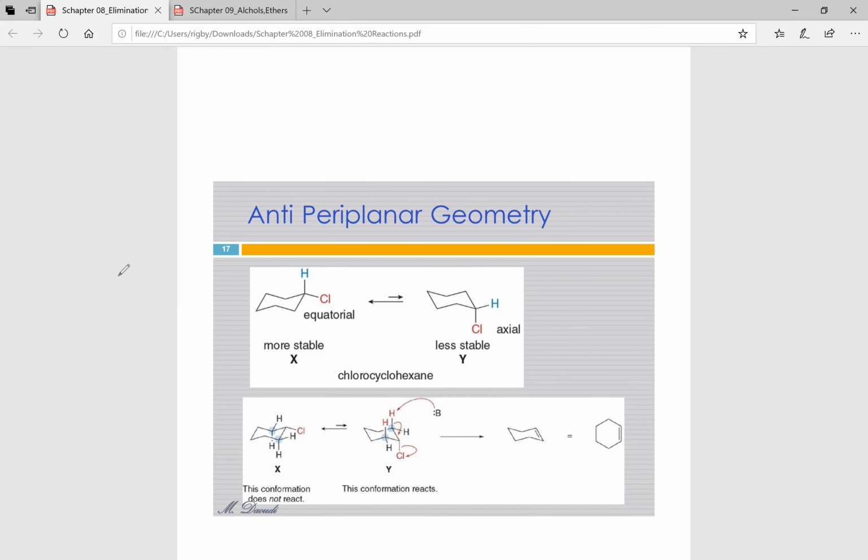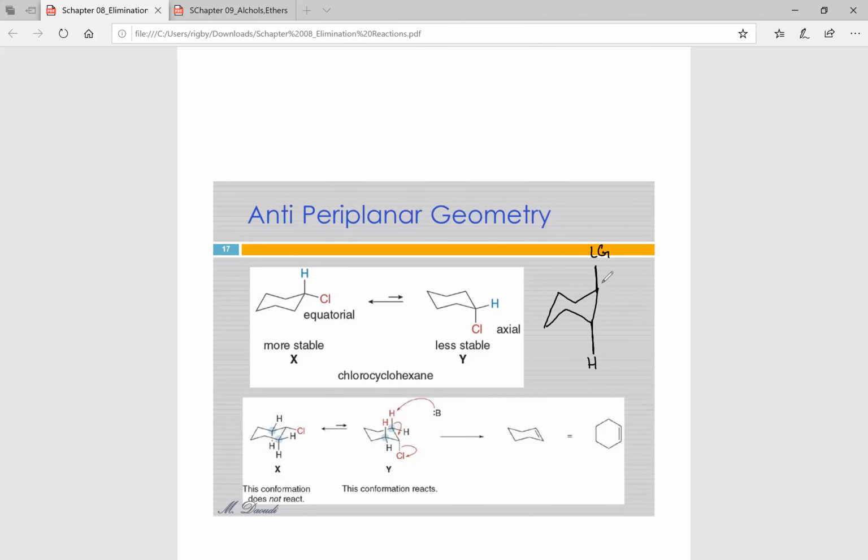Yay! I know all of you really love chair conformations and you love drawing them. Okay. So when we draw a chair conformation, when we're talking about anti-periplanar, generally we're going to be talking about one where the leaving group is up or down, and one where the hydrogen is the exact opposite.